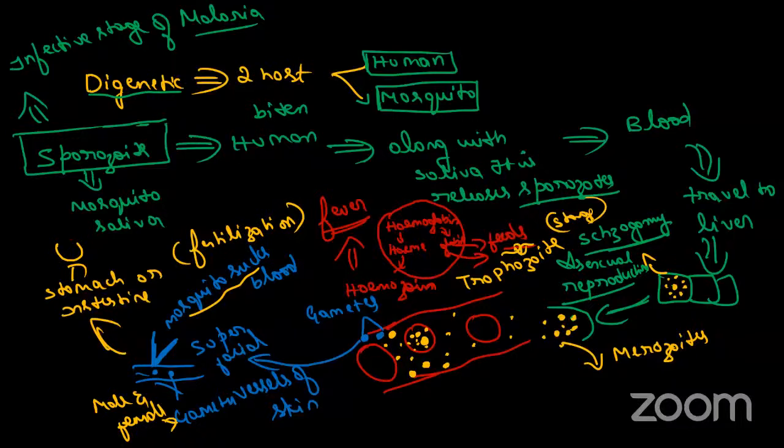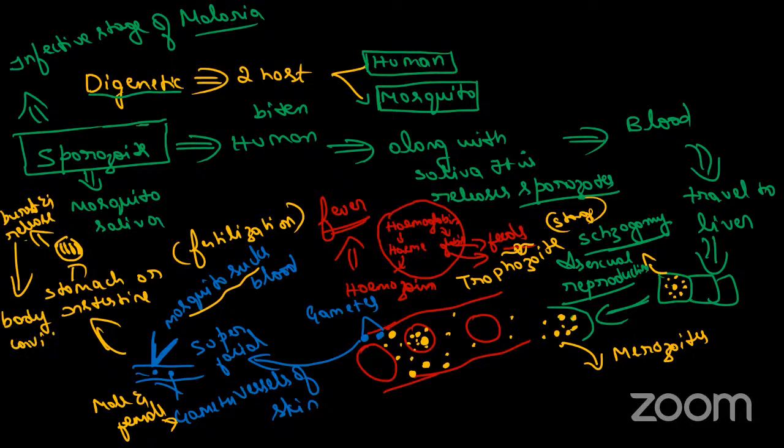In the sac-like structure, there are sporozoites, and it will burst and release them in the body cavity.